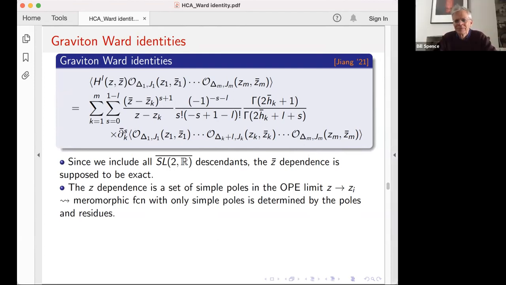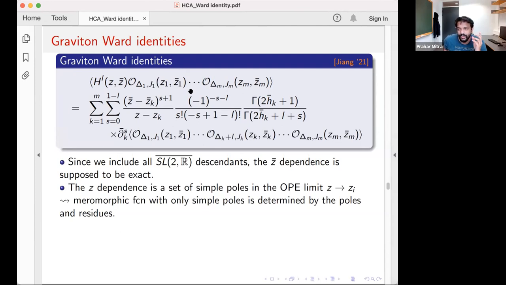So this will follow if, if I'm understanding correctly, you're assuming that the only singularities in the OPE occur when z goes to zi. Now, I would understand that to be true if these were really local operators in some CFT. Yeah, but these are always local operators. How do we know that they are local operators?